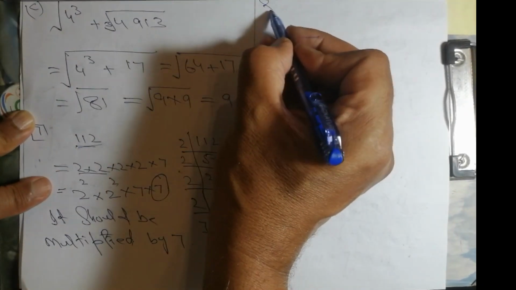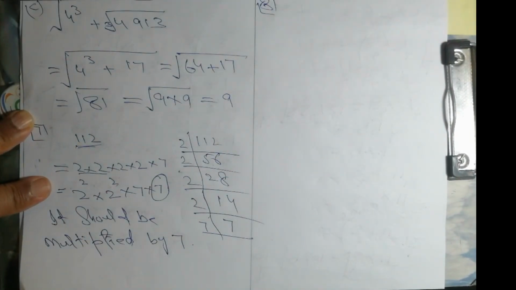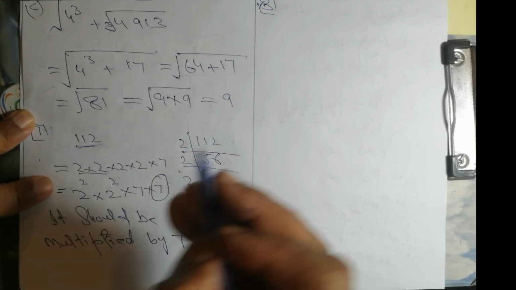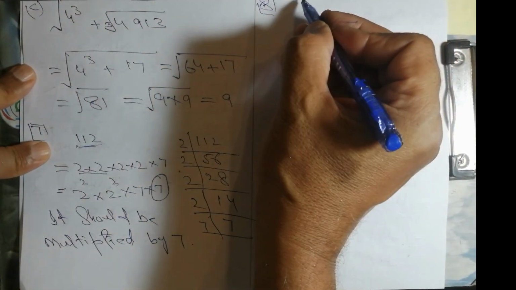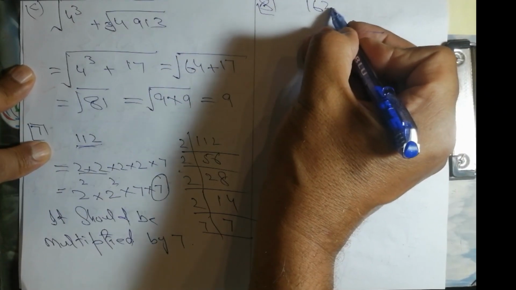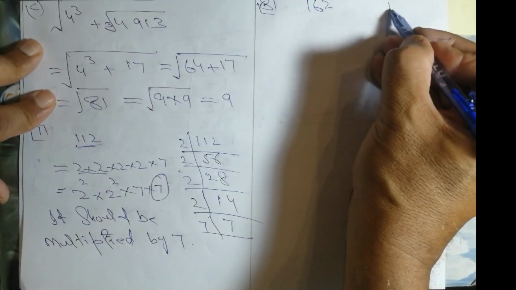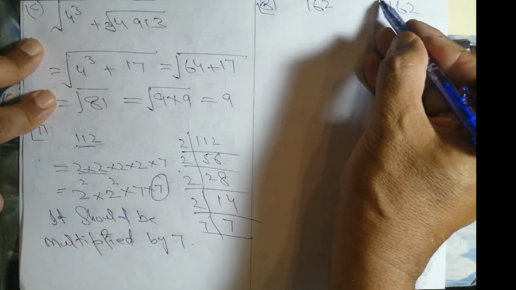Question number 8 is: find the smallest non-zero whole number which can be multiplied by 162 to give a cube number. So 162 should become a cube number. So similarly, write the factorization of 162.